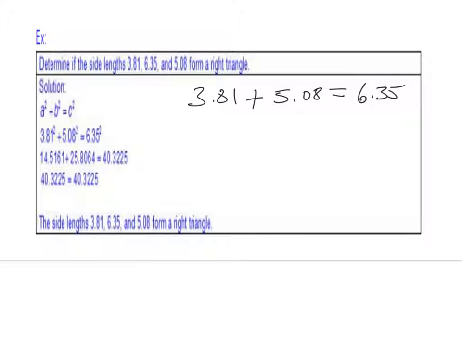If we square 5.08, we get 25.8064, and that must equal 6.35 squared, which is 40.3225. Add these two together, you get 40.3225 on both sides, thus forming a square at the base, which is a right triangle.